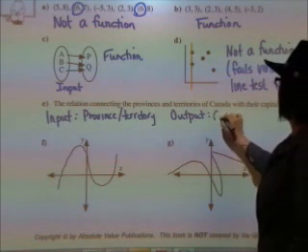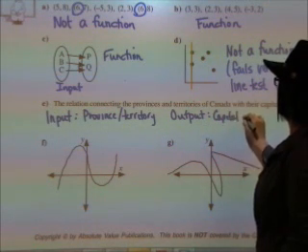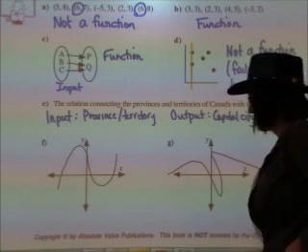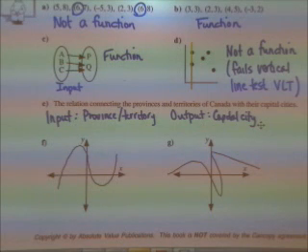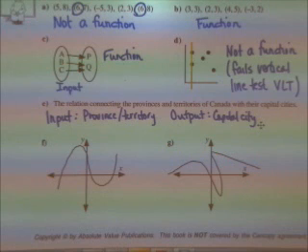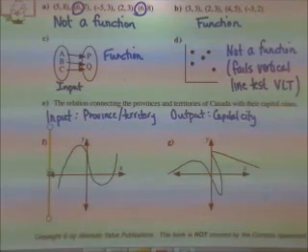The capital city. So is this a one-to-one? Does a province have more than one capital city? No. So is this a function? Yes. Okay, so try to do F and G.